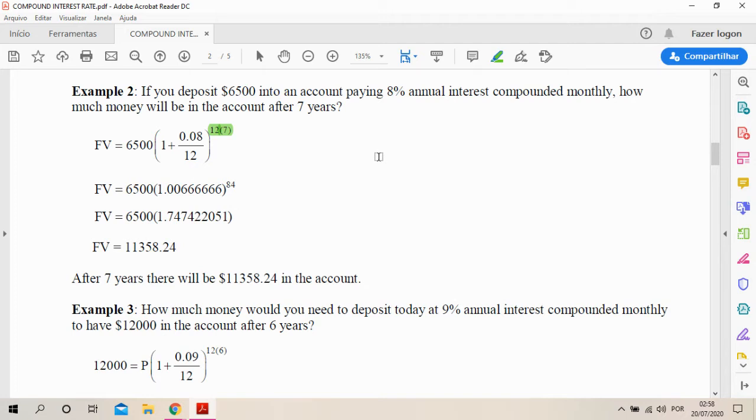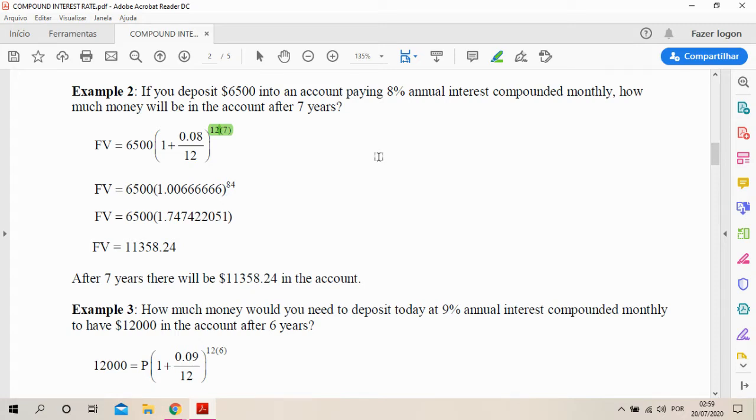Then we conclude that the formula, the final value or the future value, will be 6,500 times 1 plus 0.08 divided by 12, raised to the power of 12 times 7. And this is equal to 6,500 times 1.006666 raised to the power of 84.